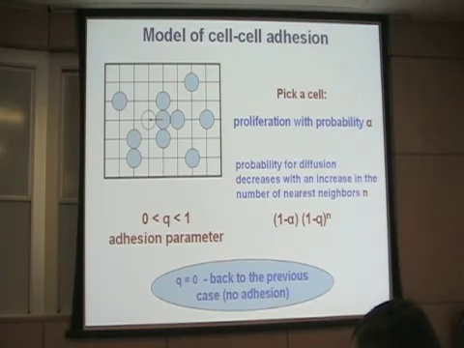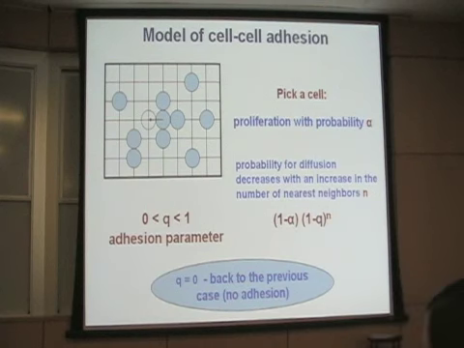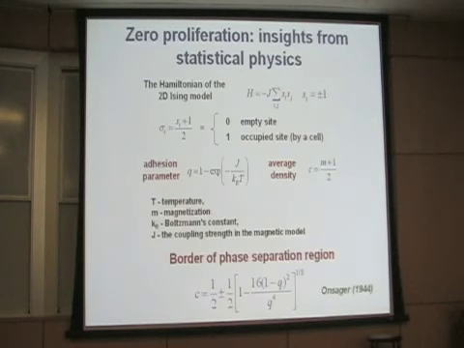Now, quite amazingly, this model in some cases can be mapped into the Ising model in statistical mechanics. So let us, for a moment, turn off proliferation. Proliferation is small, it is there, but for a moment we turn it off. Then the mapping goes as follows.